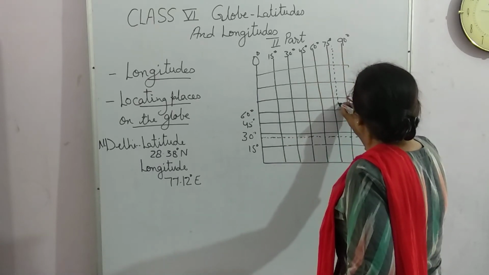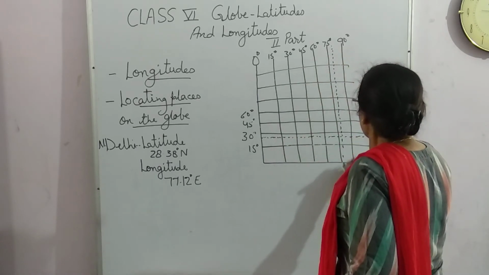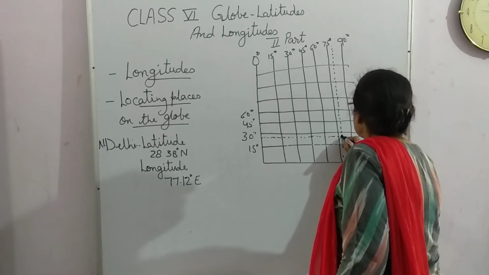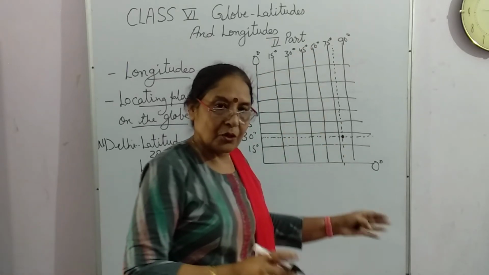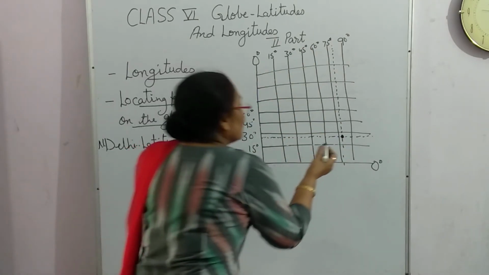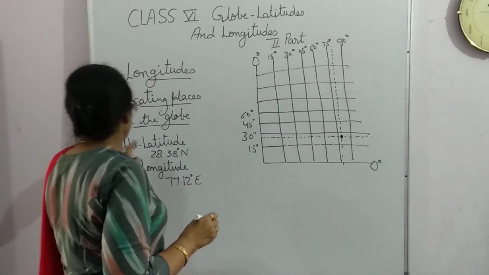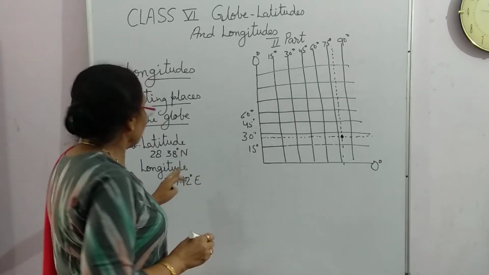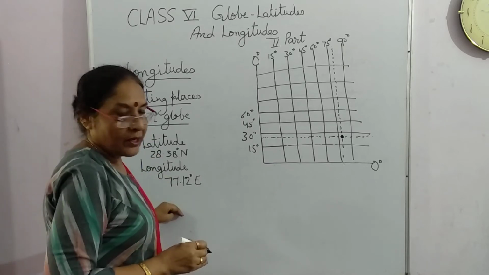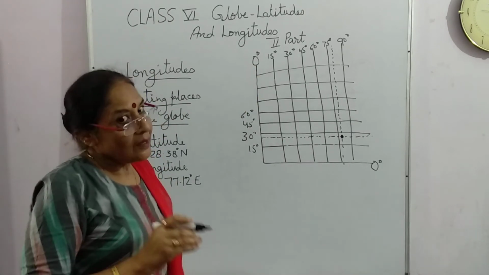This line. So this is the point where the latitude and longitude cut each other, and this is the actual position of New Delhi. Clear, children? With the help of latitudes and longitudes, we can locate a place.